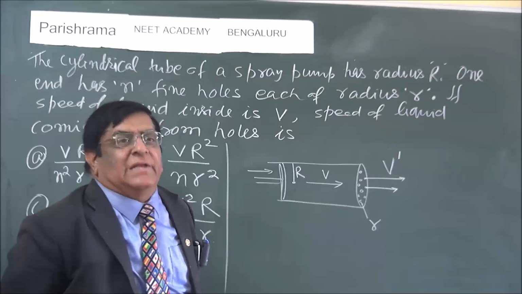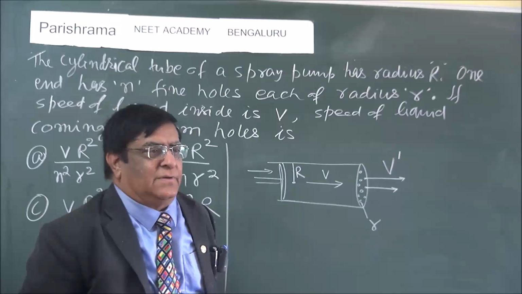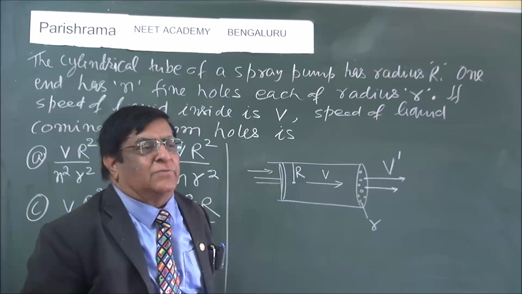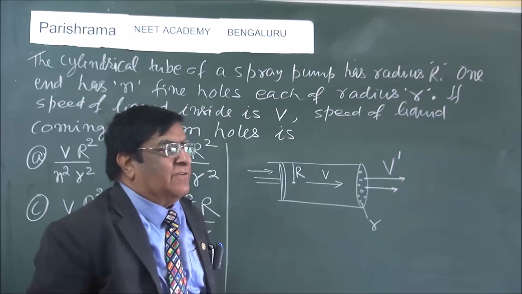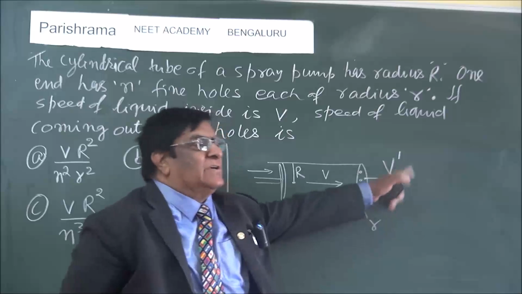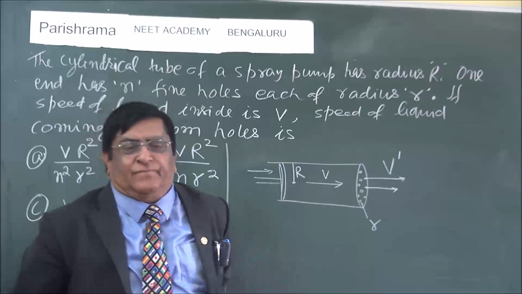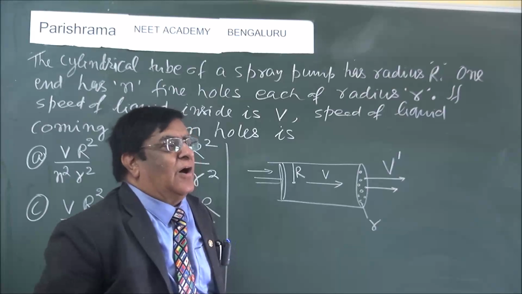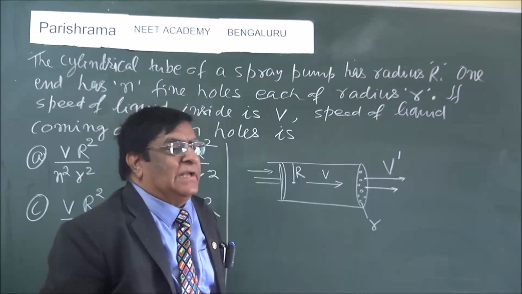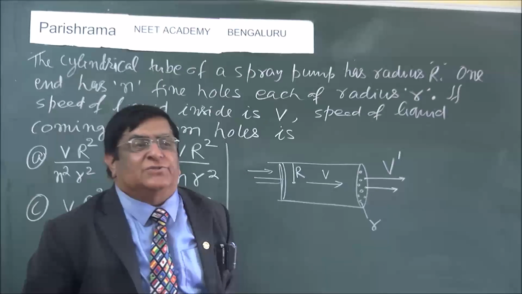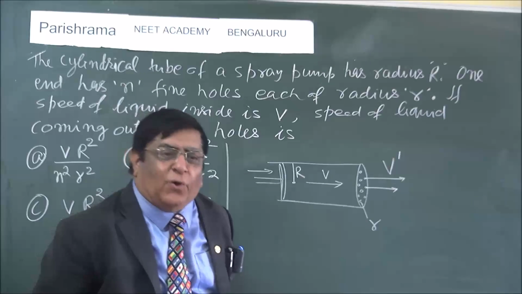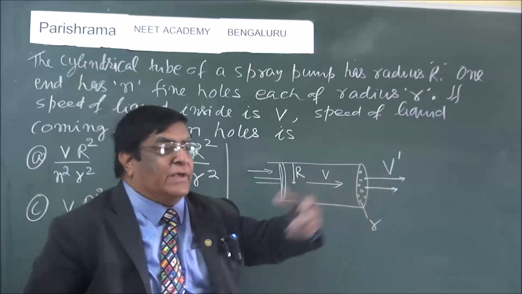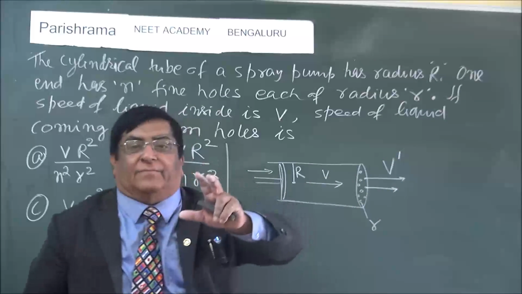Right. Now, in this, what we have to find out is the velocity with which it is coming out, v dash. In such situation, what we are supposed to find out? An equation. That equation should contain v dash and other given quantities. Now we search. We search for either equal or equilibrium. In this, there is no equilibrium because there is flow. Something is moving, going out, no equilibrium.